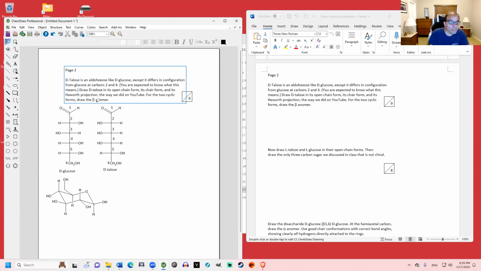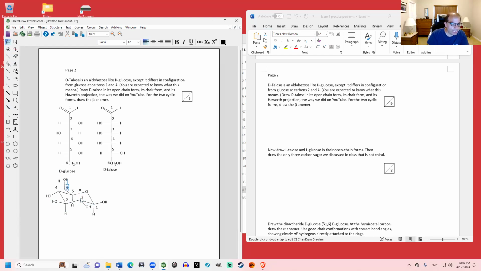It says to draw the beta anomer at carbon 1. This is carbon 1, 2, 3, 4. Carbon 5 is the CH2OH, and carbon 6 is the CH2 in the CH2OH. So that's still glucose. I put it under D-glucose, so you'll see it's still glucose.